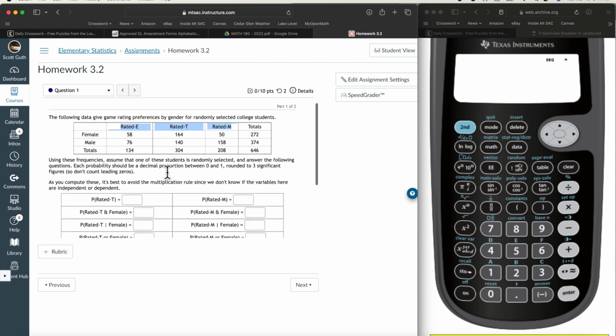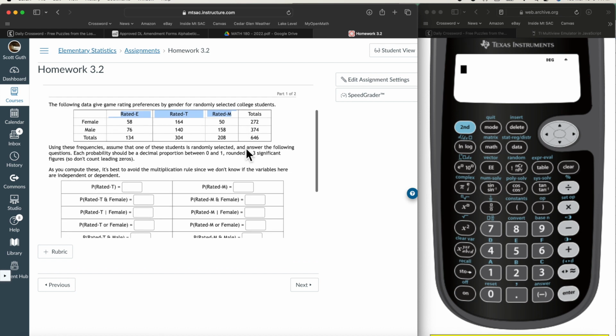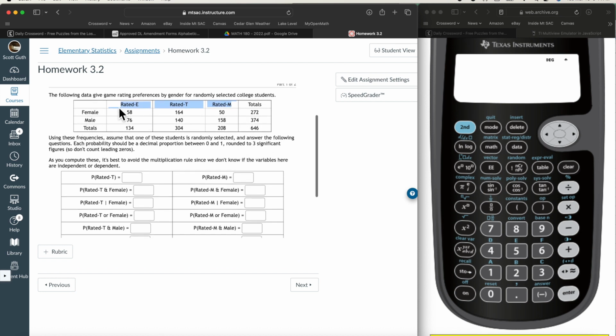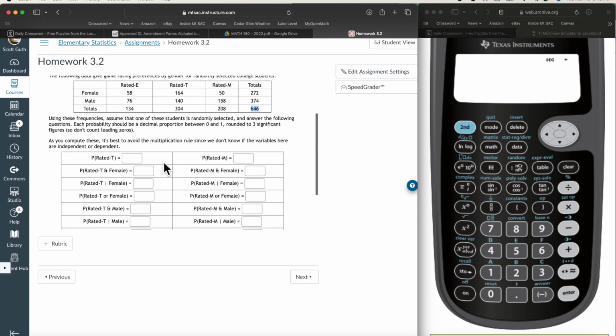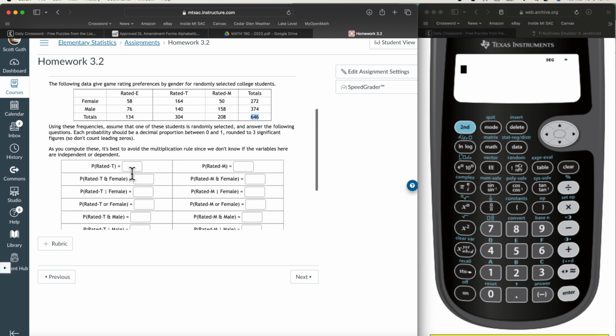So you can see the outcomes here based on gender and rating, and it tallies altogether 646 people in the study. Okay, so we're just going to quickly go through and do these computations.